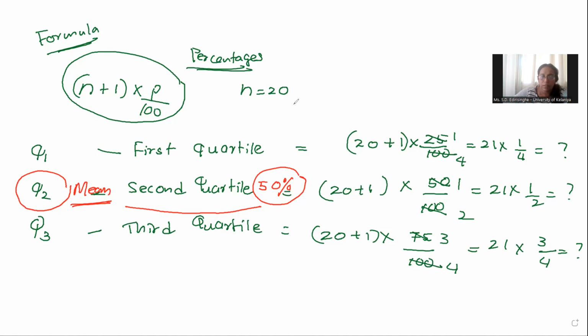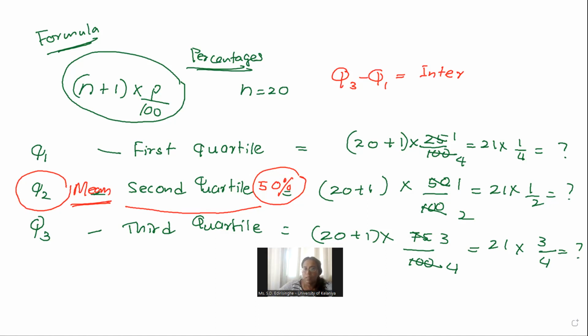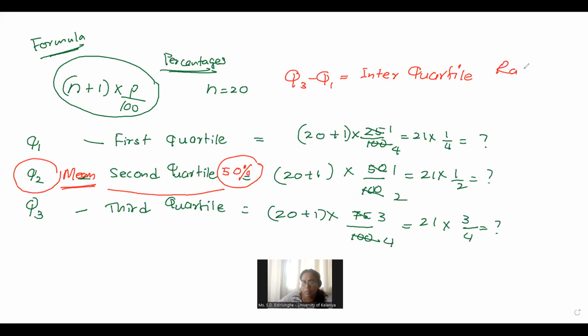The other one is that Q3 minus Q1 is our interquartile range.